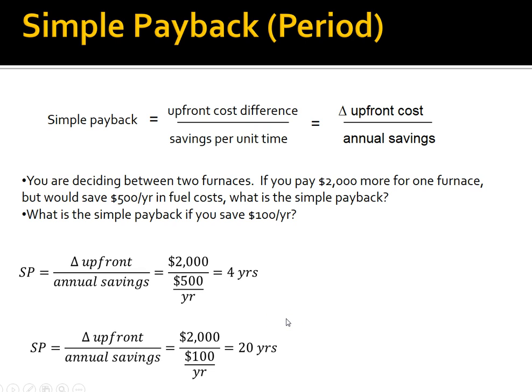So this is why it's important to keep simple payback in mind, because if it costs $2,000 to upgrade your furnace, that's good information, but it's really important to understand how much money you can save each year because that really significantly changed the economic calculus on this. Okay, so as long as you have those two quantities, upfront cost difference and annual savings, you can calculate a simple payback.